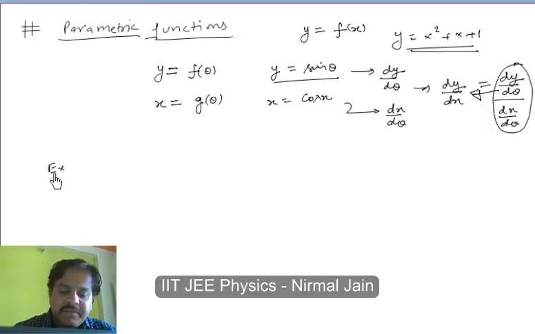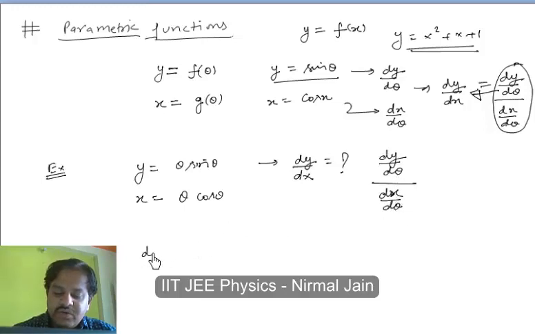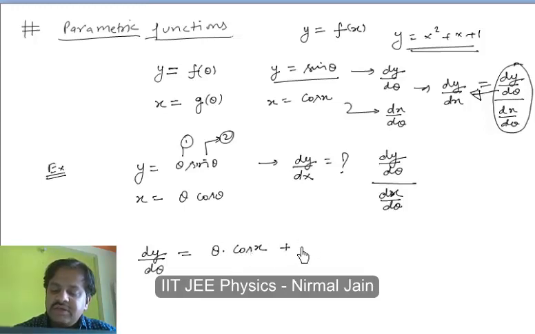For example, if we are given y = theta sin theta and x = theta cos theta, and we have to find dy/dx, we find dy/dtheta and dx/dtheta and divide them. For dy/dtheta we use the multiplication rule: first function is theta, second function is sin theta, whose differentiation is cos theta, plus sin theta as it is times the differentiation of theta, which is 1.